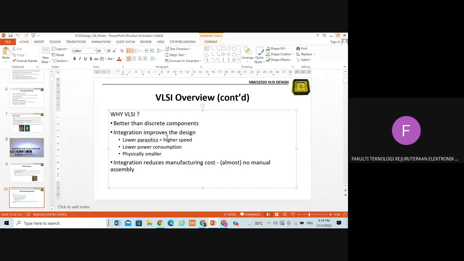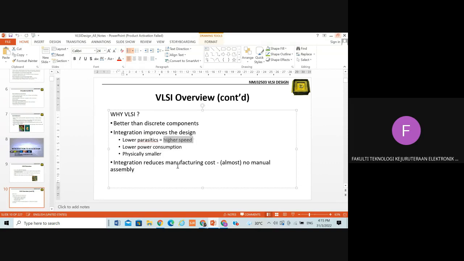Integration also improves the area. As I mentioned just now, instead of combining all the discrete components, you integrate everything inside the design, and the chip becomes smaller. Of course, when it's smaller, it reduces power consumption and also gives higher speed.